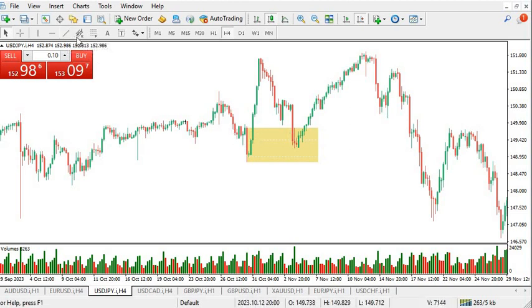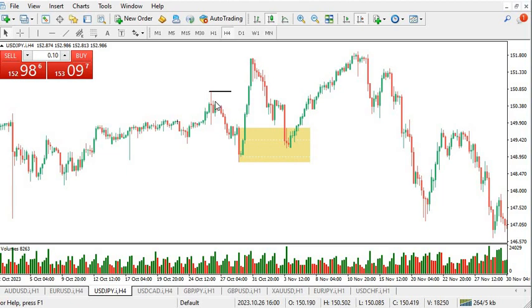So this was an order block. How was it an order block? Because this area was a resistance, a market structure, a short-term high. So once the bullish order block formed, it broke the market structure to the upside.